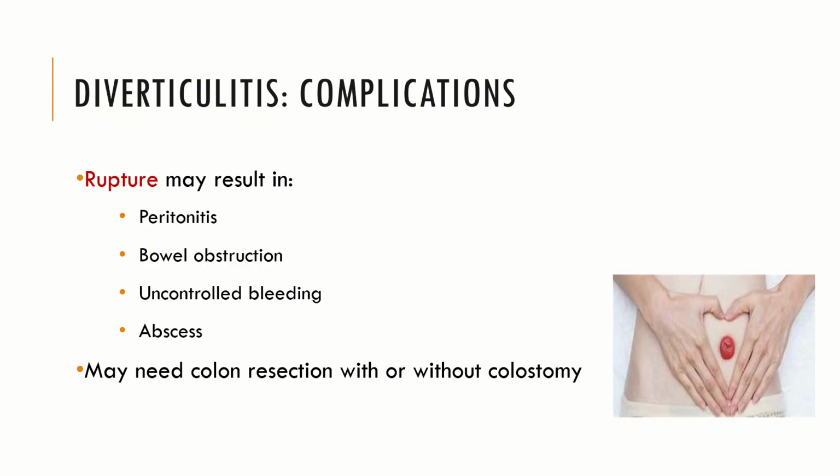And so when they rupture, then that bacteria is free in the body and causes a lot of problems, because it's free bacteria causing infection, not just in the colon, but also in a lot of different places. And so when rupture happens, we could be dealing with peritonitis, bowel obstruction, uncontrolled bleeding, and abscess. And so maybe even need to go in and resect the colon, which then the patient may end up with a colostomy, worst case scenario.